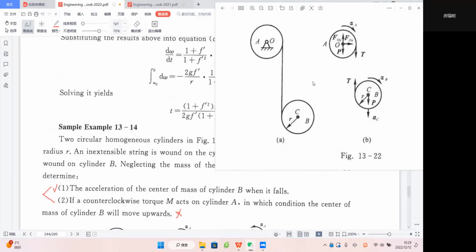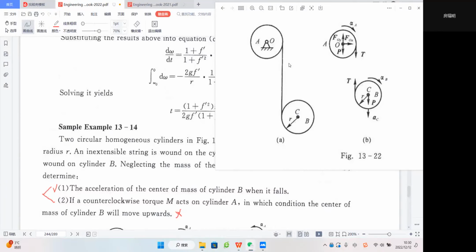Look at this picture. It's very easy to figure out that the first cylinder A will have a rotation around the fixed axis, right? And this cylinder B, because it does not have a fixed axis, will have a typical plane motion.